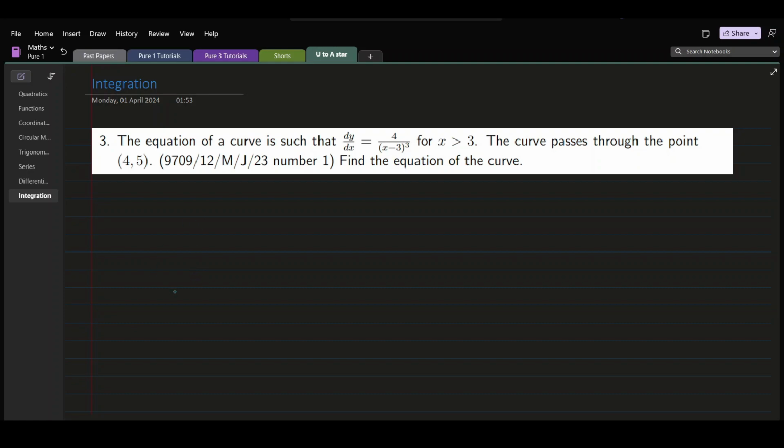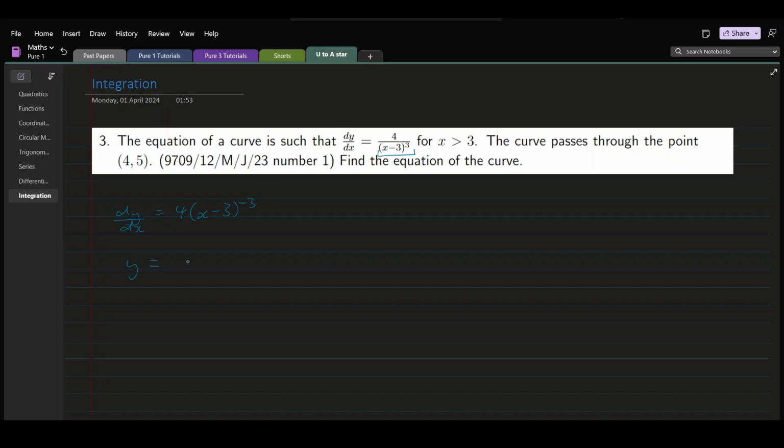Okay, so to get the equation of the curve, we have to integrate dy dx. So let's start by writing dy dx. dy dx is equal to 4. We're going to bring the (x minus 3) cubed to the numerator as (x minus 3), and then the power becomes negative.